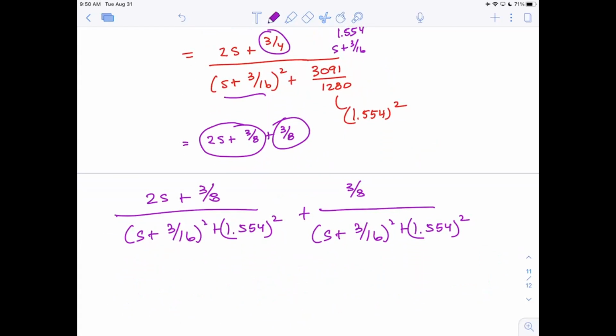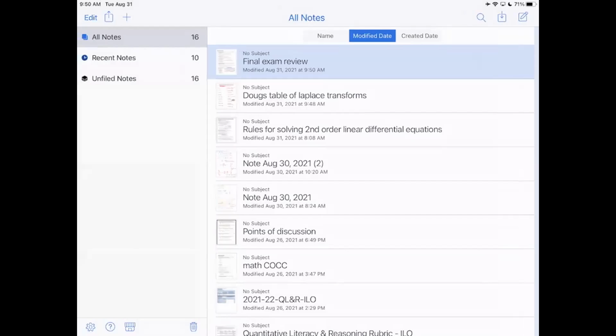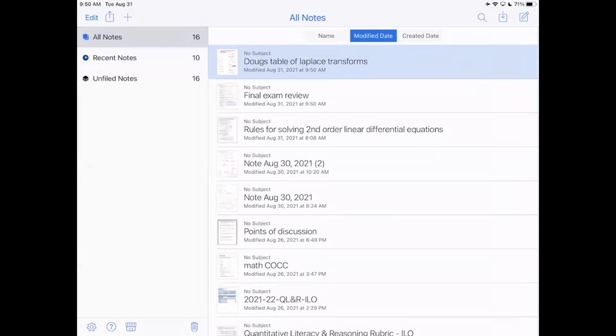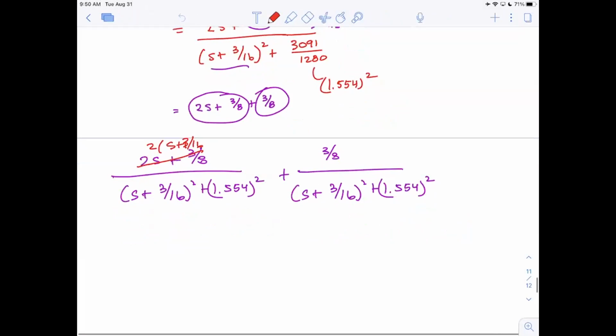Well, notice now I can factor 2 out of this, leaving s plus 3/16 there. And now that looks exactly like the cosine, where a is 3/16 and b is 1.554. And this was supposed to be s minus, right?